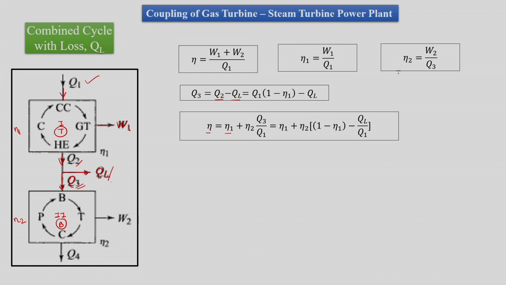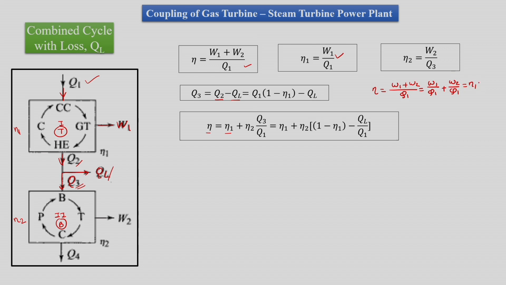Since we know that we can express this expression, eta is equal to W1 plus W2 upon Q1, which is equal to W1 upon Q1 plus W2 upon Q1, but W1 upon Q1 is eta 1.